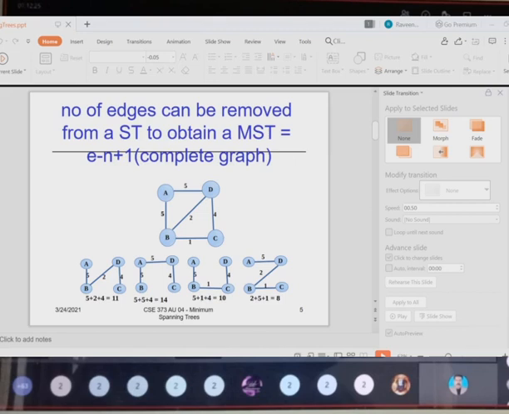That is the first step we have to follow in Kruskal's algorithm. Then the next step is to write down all the edges, all the names of the edges, in increasing order, that is from the smallest to the largest value.